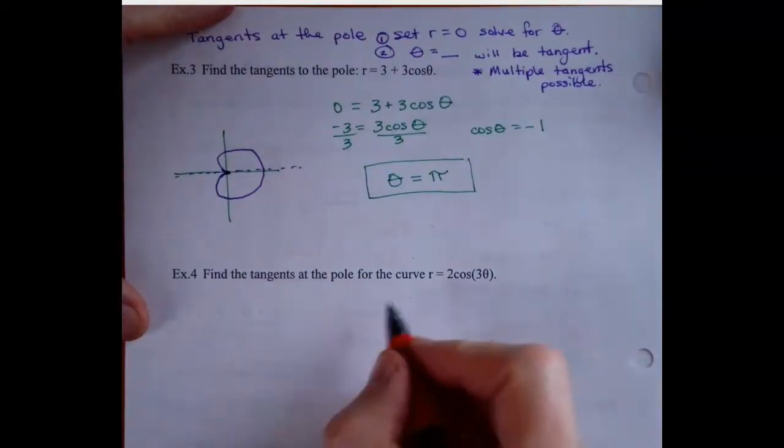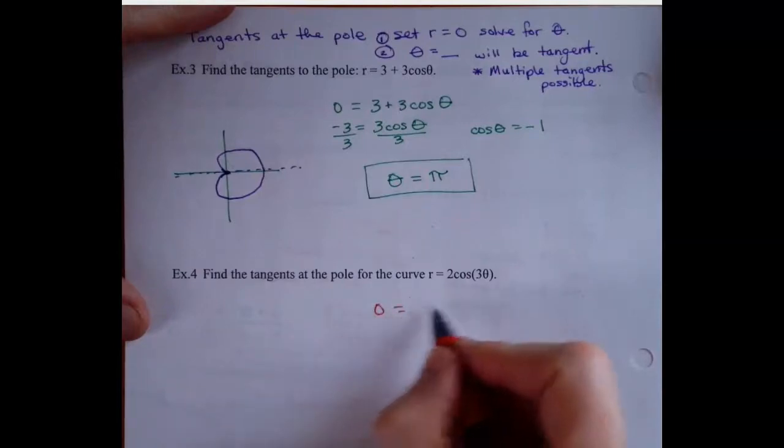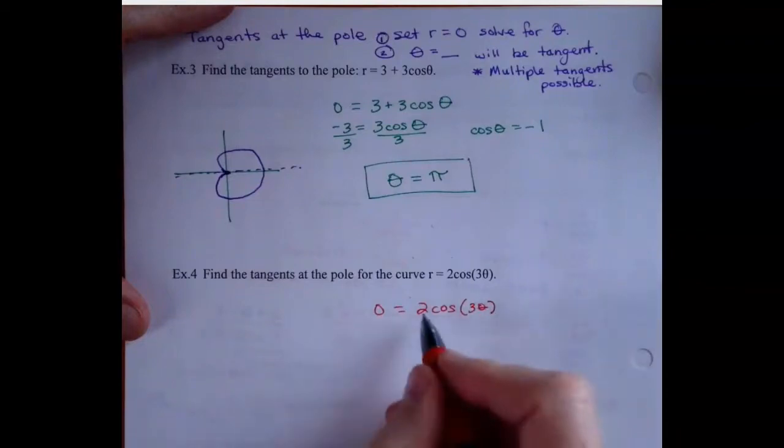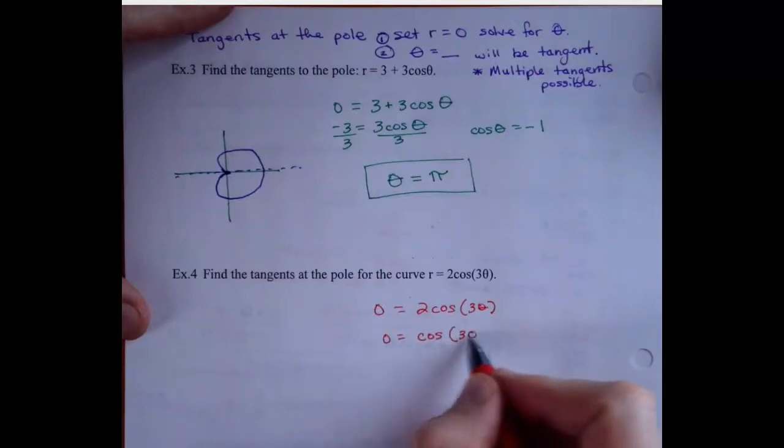And again, set this equal to 0, 2 cosine. We can divide both sides by 2. That doesn't really have an impact on the angle there.